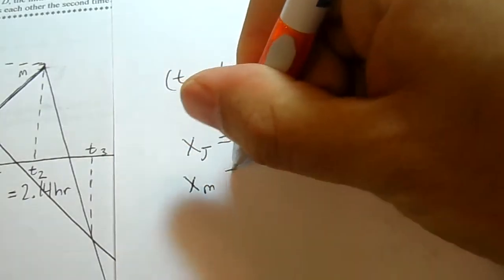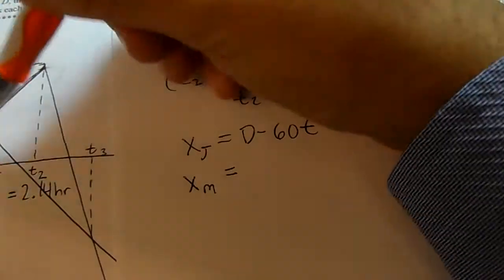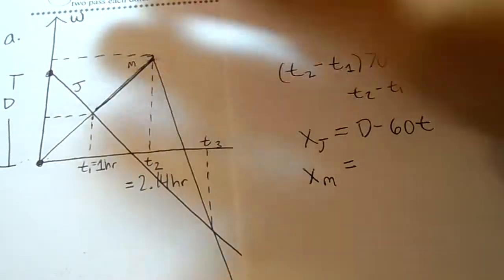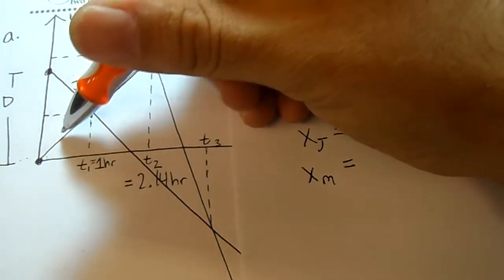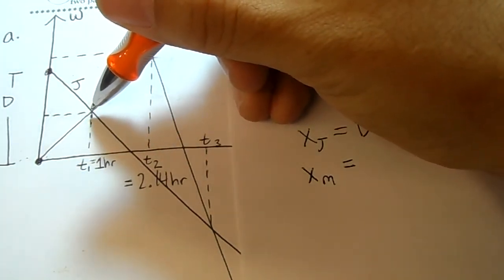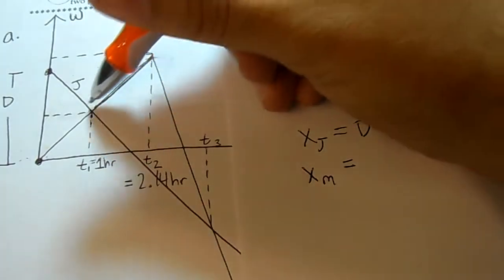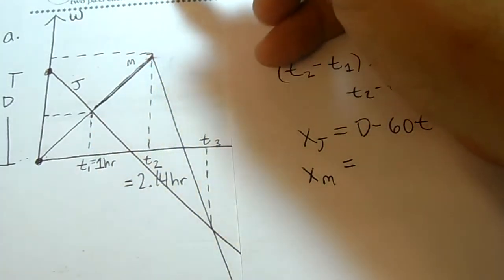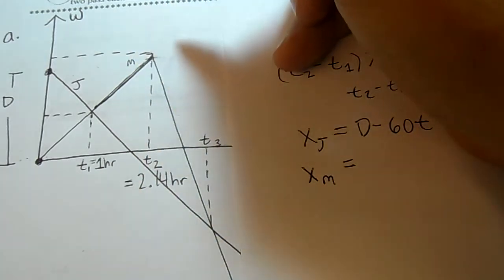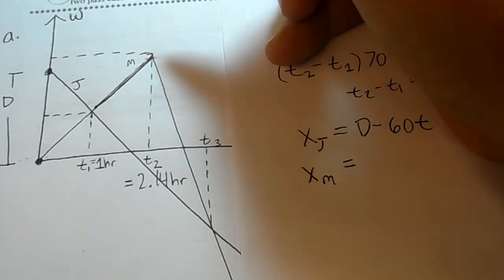So let's see, x Meg, position of Meg. I know that in the first hour, going back to the original drawing, since she traveled at 70 miles an hour, she would have covered 70 miles, clearly. And then from T1 to T2, the question had told me that she traveled 80 miles before she decided to turn around after passing him the first time.